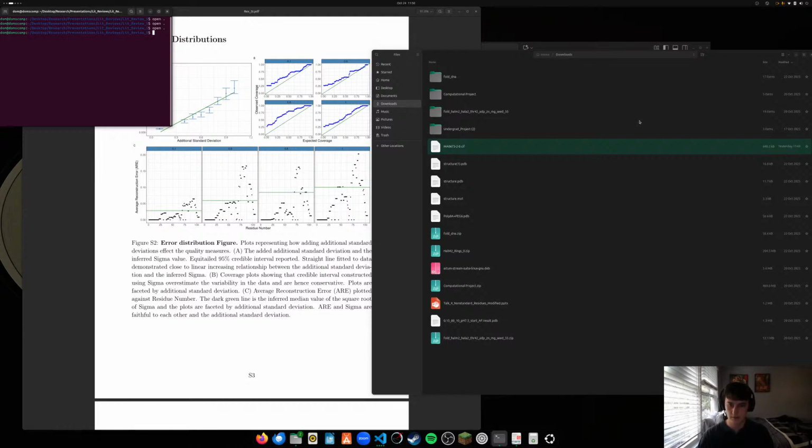So I think the assumption is residues near each other will have similar rates of exchange.